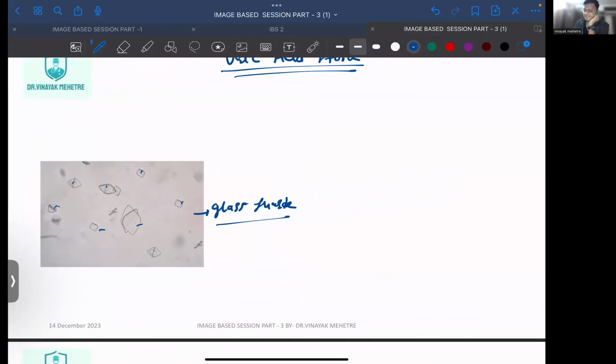Uric acid stone will be seen in the diseases which increase uric acid. Logic, right? Uric acid stone will be seen in diseases which increase uric acid. कौन से होंगे? फेवरेट ये तो पता है सब, right? There is one more, tumor lysis syndrome.